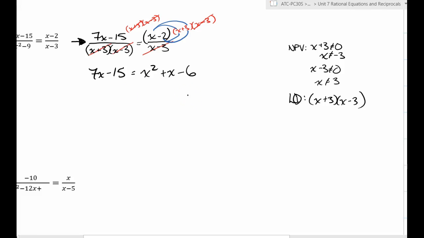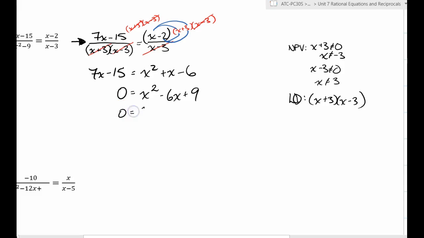From here, because it is a quadratic equation, to solve for x, we need to get everything on one side and set it equal to 0, which is kind of different than when we're solving linear equations, if you remember. So we've got minus 6x and plus 9.